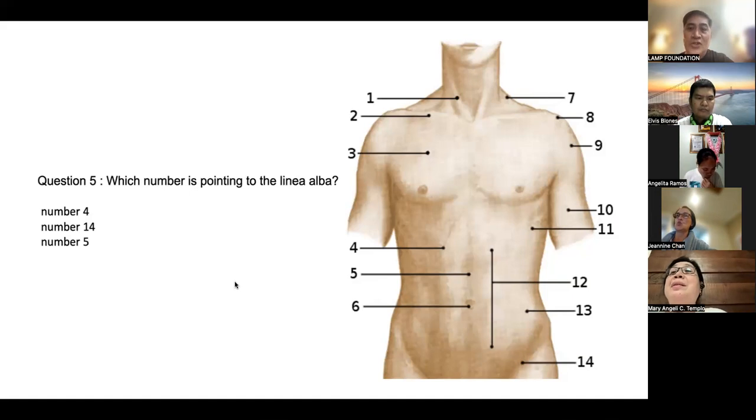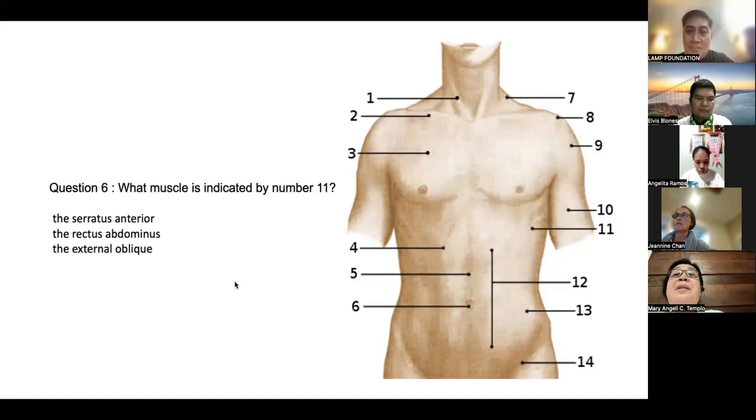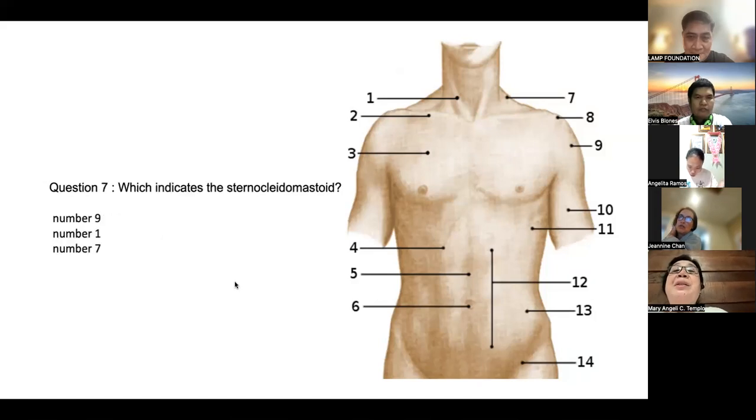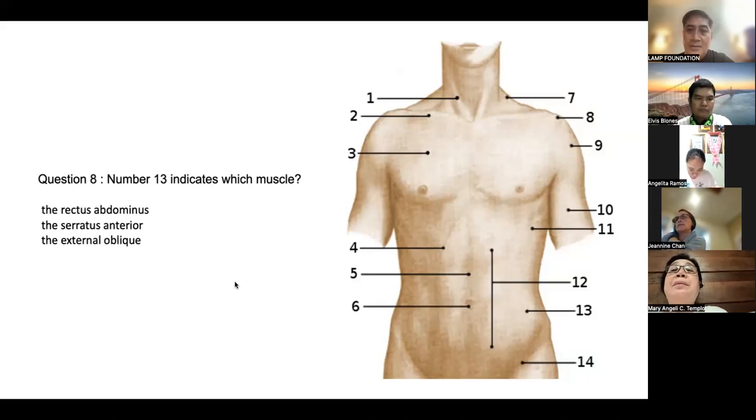Trapezius. Which number is pointing to linea alba? Number 5. What muscle is indicated by number 11? Serratus anterior. Which indicates the sternocleidomastoid? Number 1.